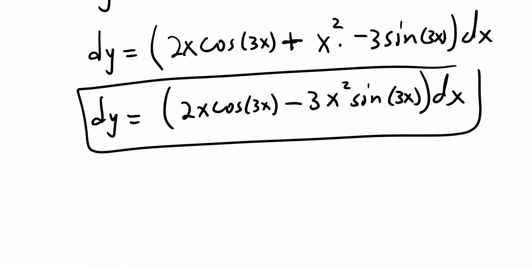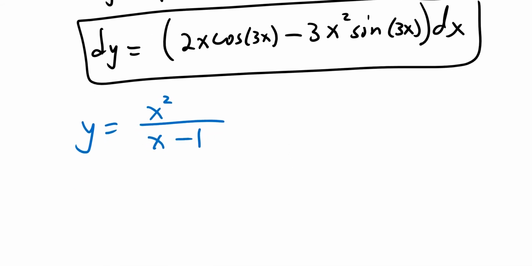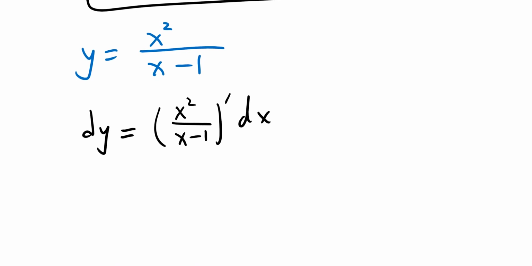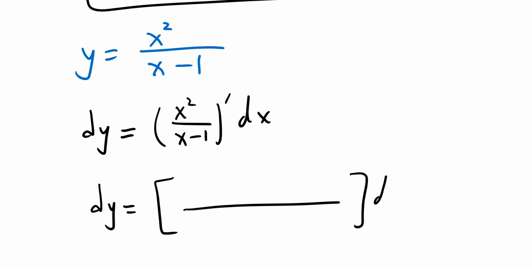Look at another example. y equals x squared over x minus 1. So how do you find the differential dy? Again, it is the derivative of this function times dx. How do you find the derivative of this function? We use the quotient rule.